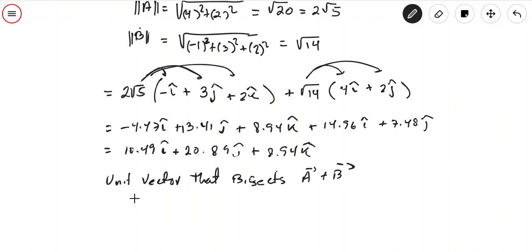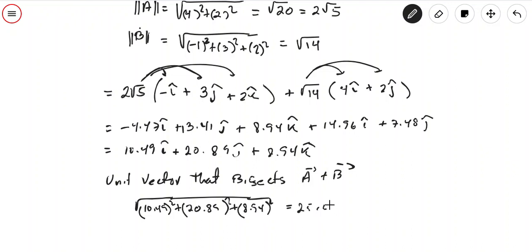So the magnitude of the vector that bisects A and B is the square root of 10.49 squared plus 20.89 squared plus 8.94 squared. That would be equal to 25.03. Then what I have to do is divide each component of the vector that bisects A and B by its magnitude to find the unit vector.